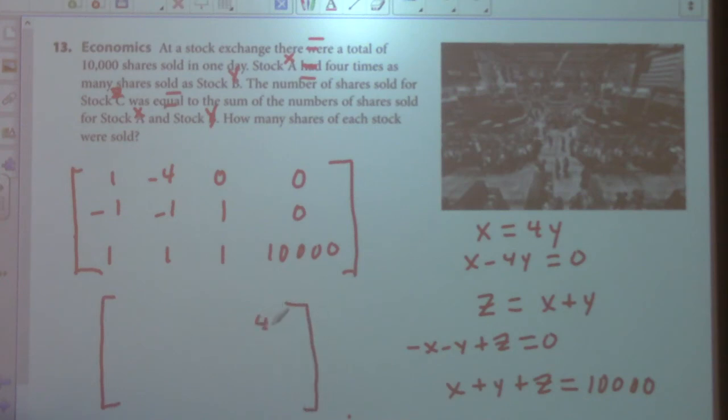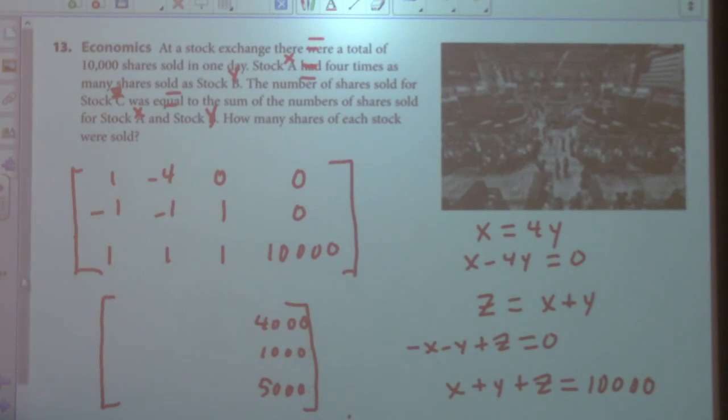So X equals 4,000, okay. Y equals 1,000 and Z equals 5,000. Okay, does that make sense?